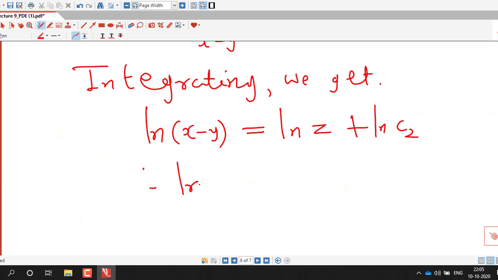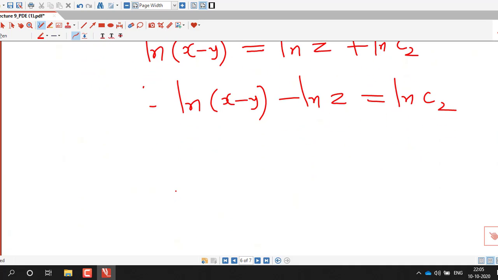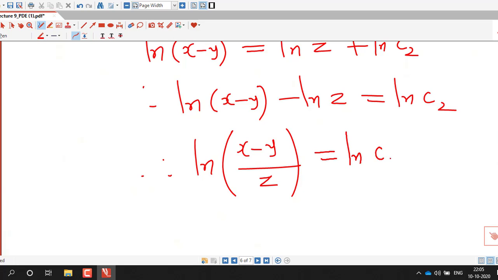Therefore ln of x minus y minus ln z equal to ln c2, and using the property of logarithm we have log of x minus y divided by z equal to log c2.